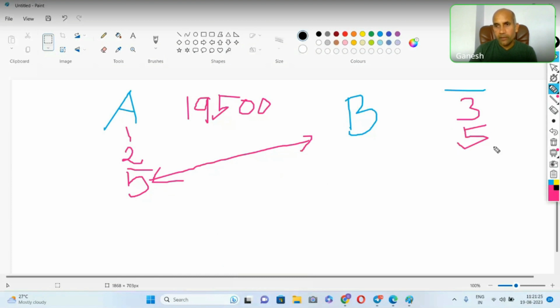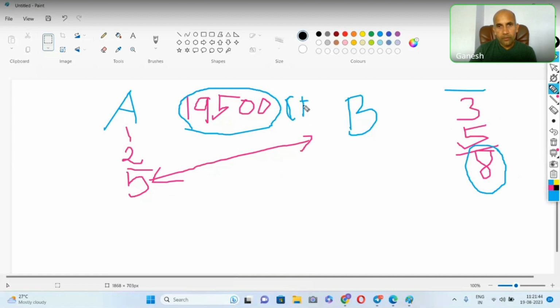Now totally 8 contracts. This 8 is called open interest for the strike of 19,500 call.